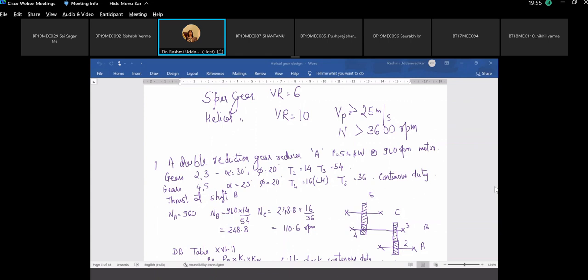And what is the relationship between Fa and Ft? Sai Krishna, number 73. Yes, ma'am. What is the relationship between axial force and the force Ft? Fa minus Ft tan alpha?